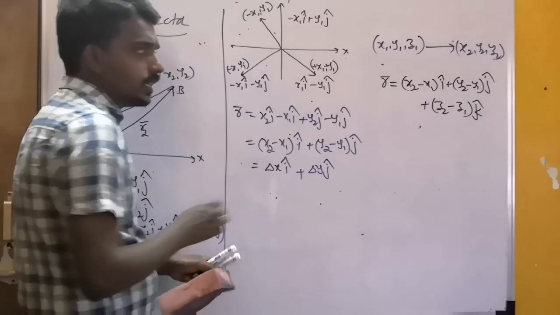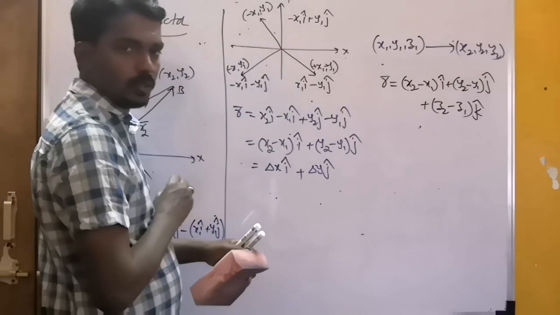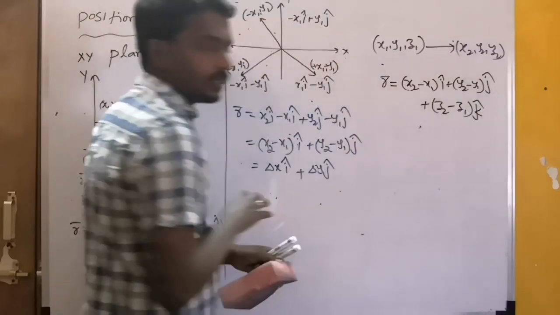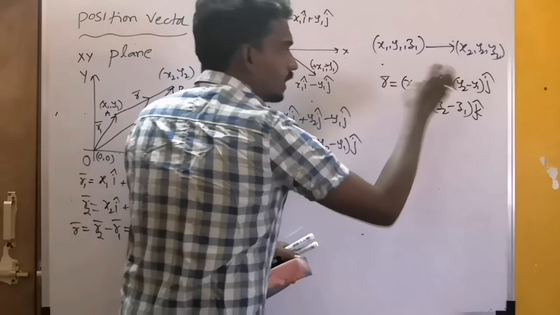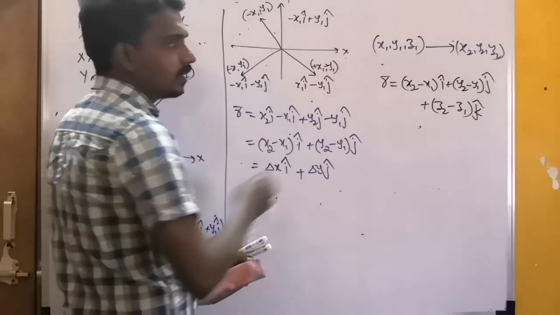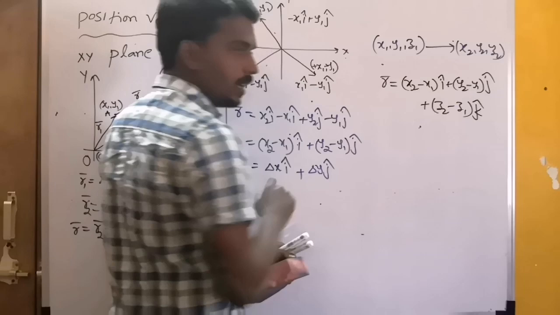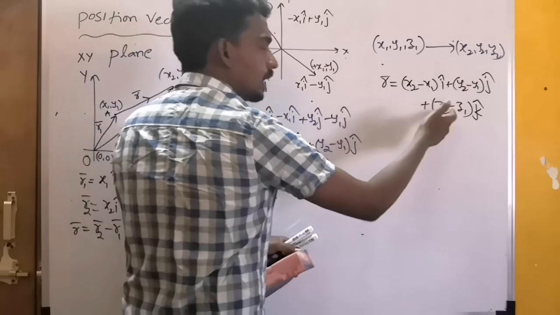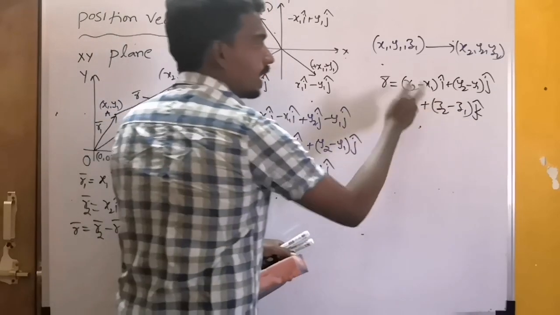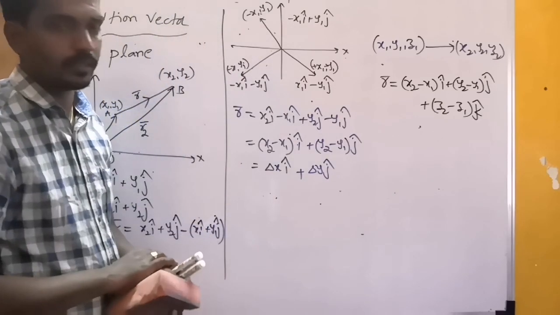In that case, either the i term will be 0 or the j term is 0 or the k term is 0. That means, as we discussed, either the combination of ij or jk or ki only exists.